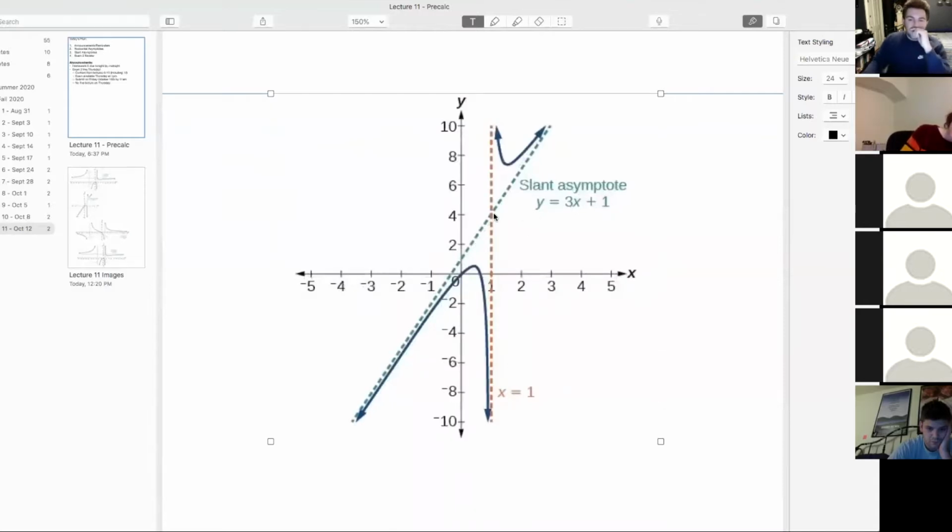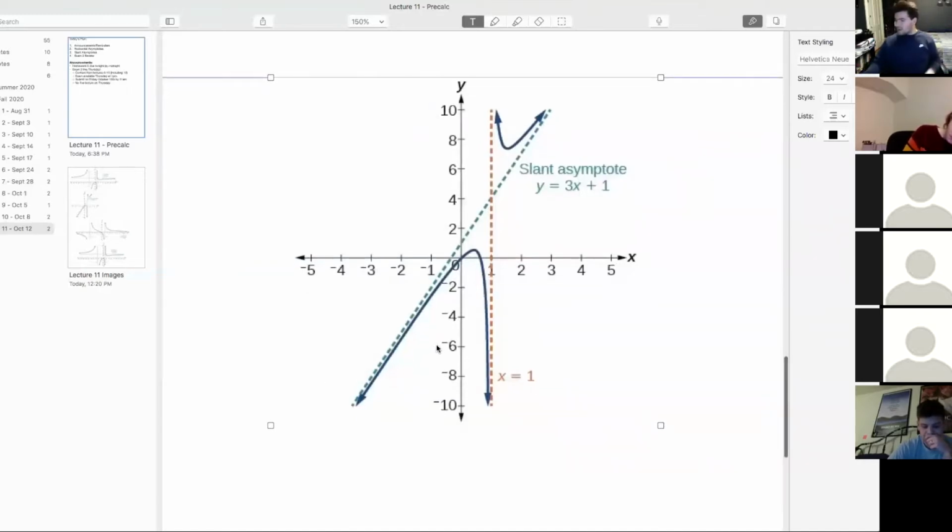Now the graph is becoming arbitrarily close to this line here. This line is 3x plus 1. It's a slant asymptote. You can see the graph is getting arbitrarily close to the dotted line here and also over here. So that's what a slant asymptote looks like.